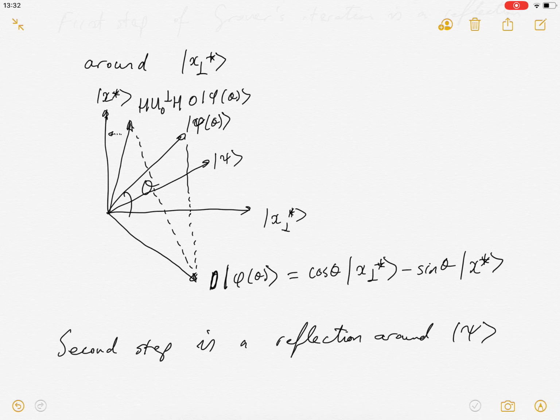But we don't want to overcook, because if we do it more than square root n times, we pass the key value. So we need to be careful. We need to apply this exactly square root n times. Okay, so this is the geometric interpretation of Grover's algorithm.